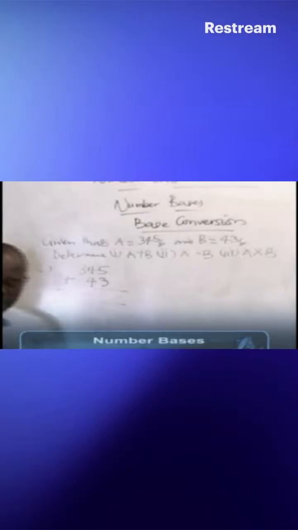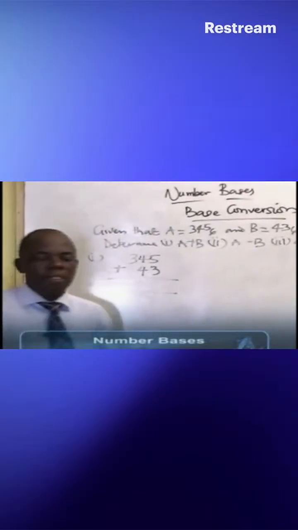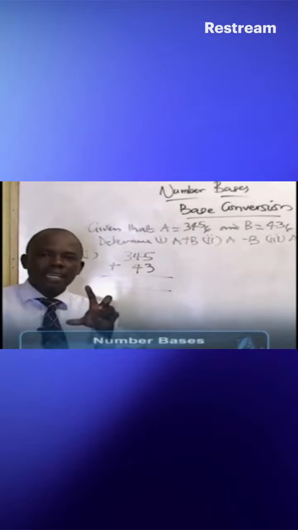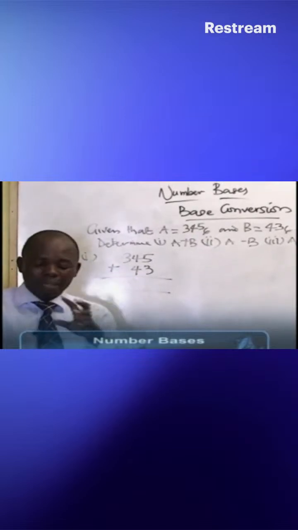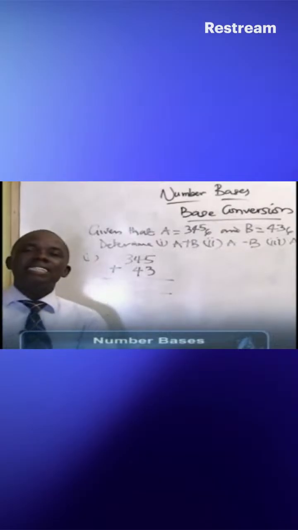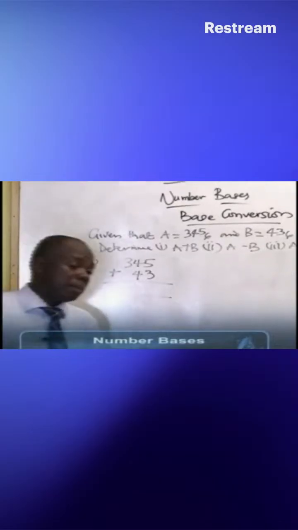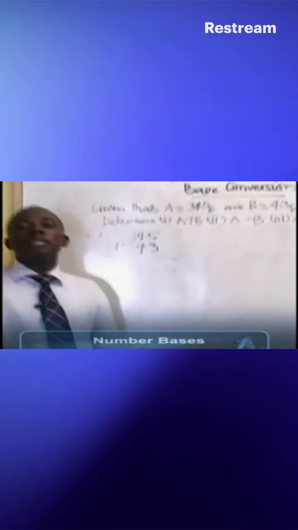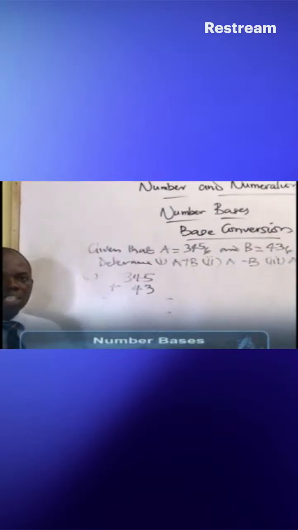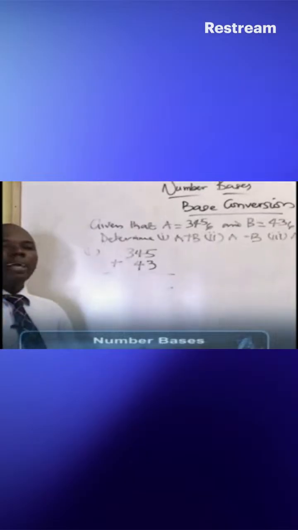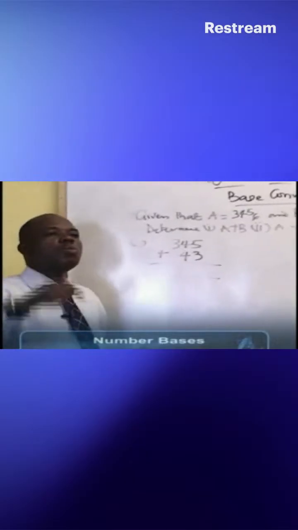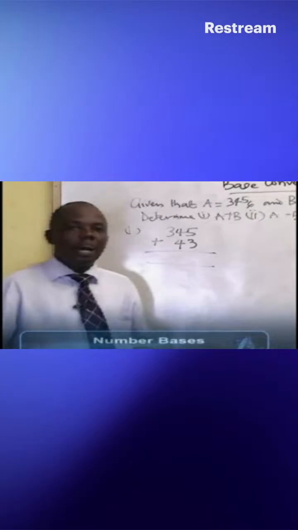That's why I want you to pay very close attention. When you are working in a particular base, the base you are working in determines the highest digit. Let me repeat that. When you are working in base 10, you cannot get 10. It's not possible. When you are working in base 9, you must not get 9 as part of your answer.